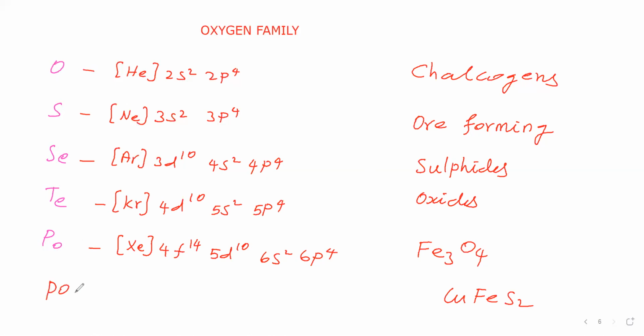Polymorphic in the sense they exist in more than one allotropic form. Therefore these elements are called polymorphic elements. Tellurium is the exception in this. Next, we will see physical states.